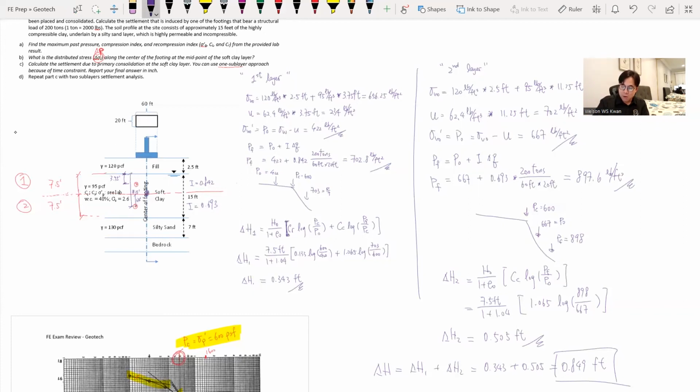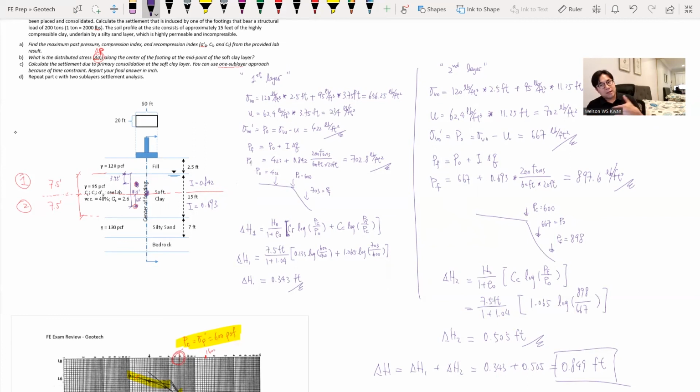So we have one sublayer here with its distributed stress to represent the first sublayer, and for the second sublayer, we updated the distributed stress, more like adjusting to the fact that the stress is changing through the depth. So with more sublayers, the answer that we got is supposed to be more accurate.